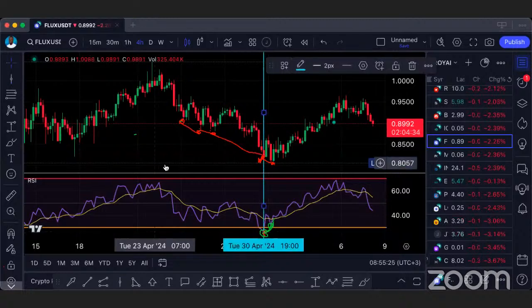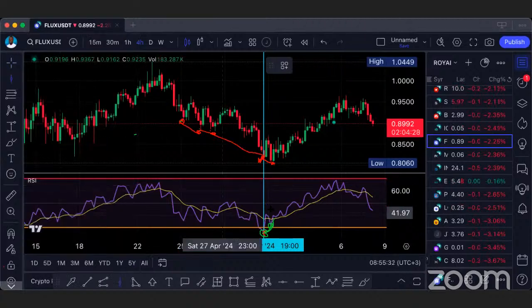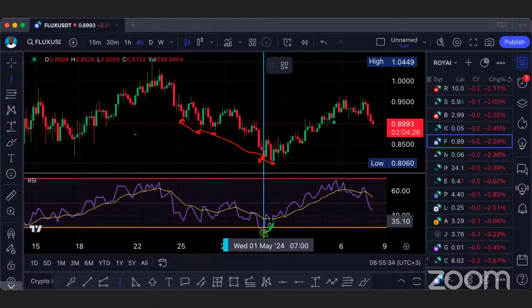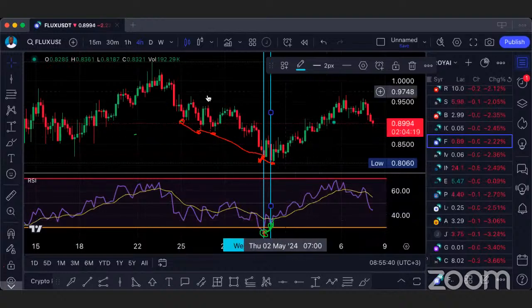From this point to this point, there is a divergence. If you have seen a divergence, give me a yes in the chat.